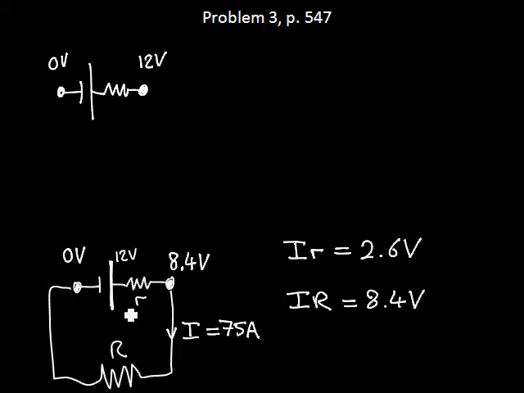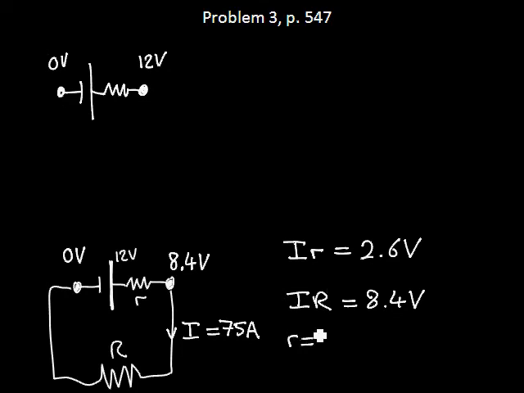If you apply the loop rule, we start with 12 volts, we lose 3.6, we lose another 8.4, and we're back to 0. And the current's the same for both of them because the internal resistance of the battery is always going to be in series with whatever's outside. And so we can solve for both resistances.